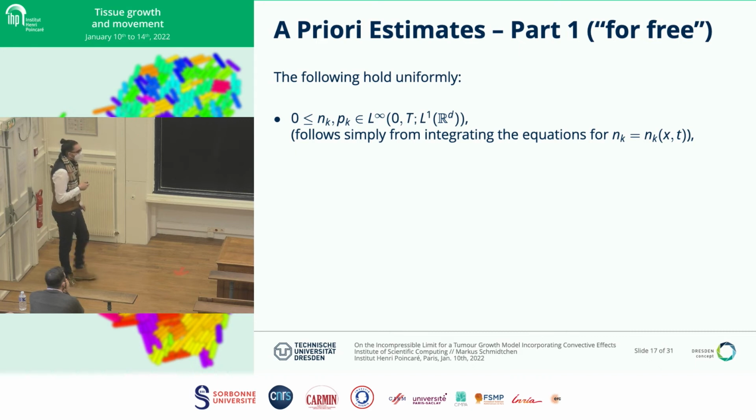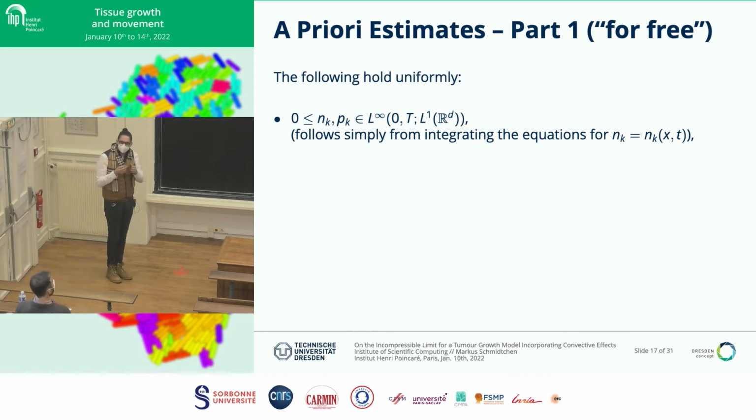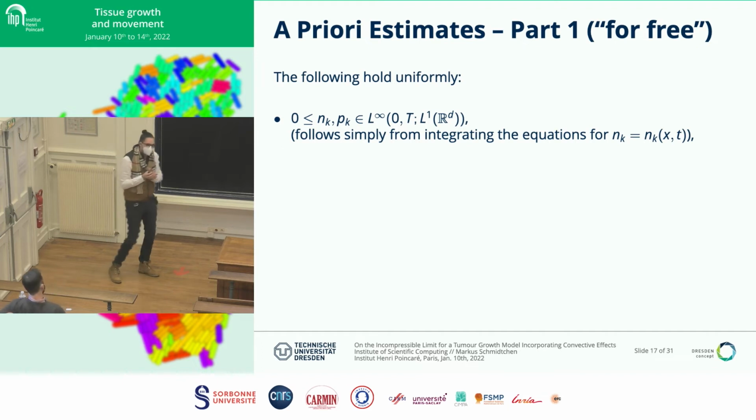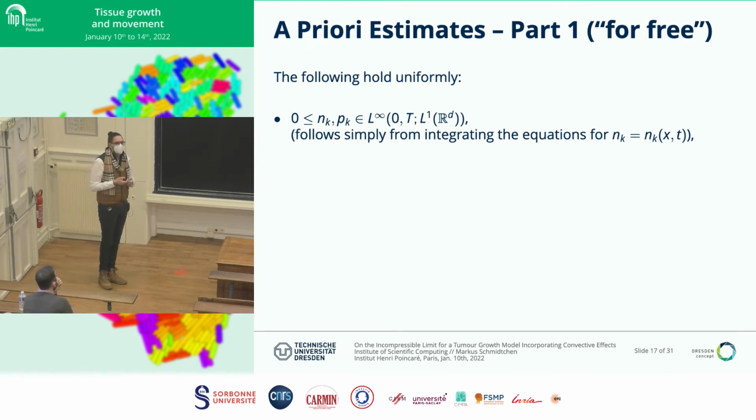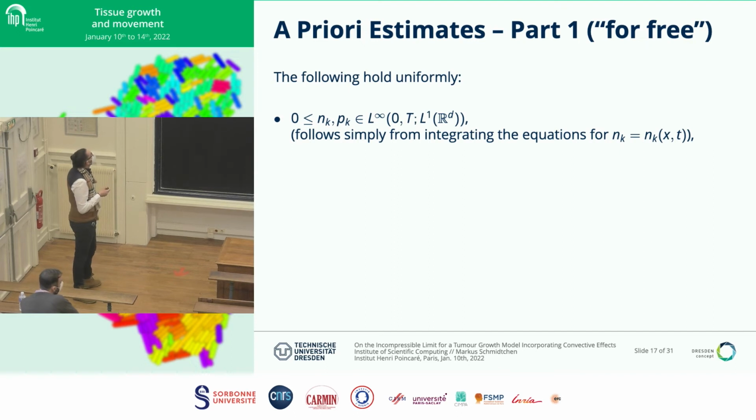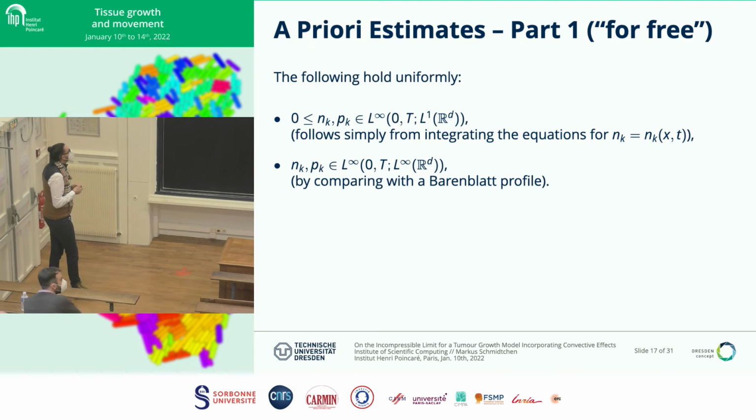Okay, so basically, I wanted to split this, just like we split our paper, into two sections, let's say. There's one on a priori estimates that are more or less for free, I'd say. And then there's the ones where we have to work hard and where we actually found some new regularity theory. The ones that are for free are these L1 estimates, because we can just integrate the equation for the density.